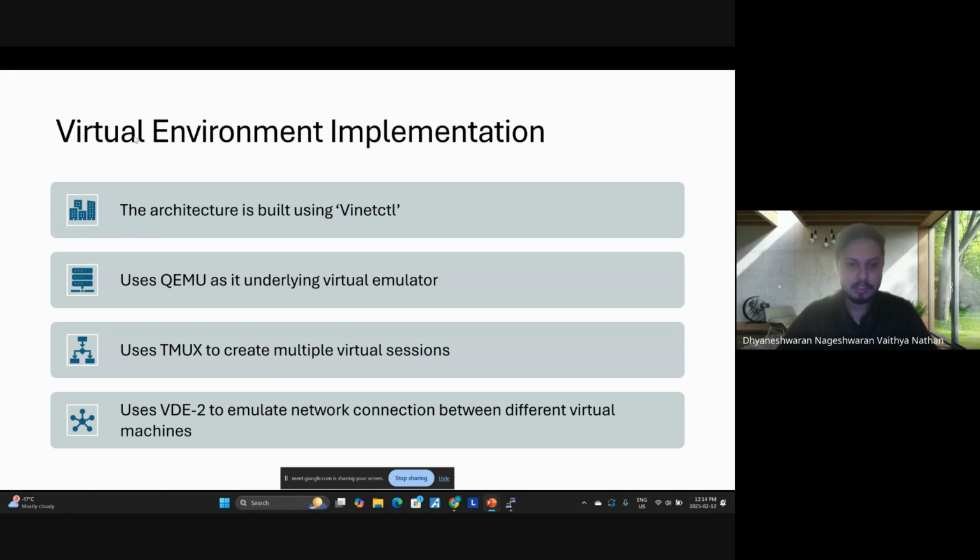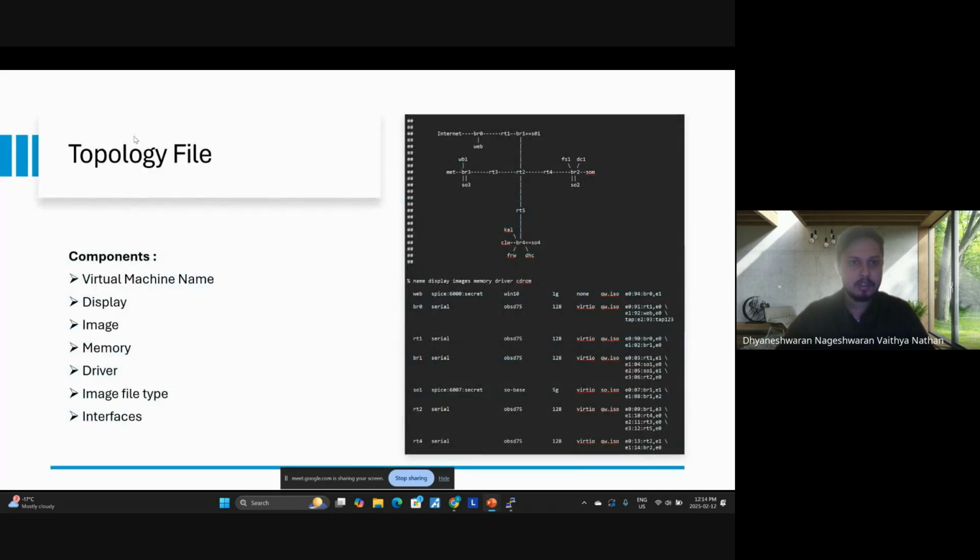And VDE stands for Virtual Direct Ethernet. So it emulates the network connection between different virtual machines. And this is how a topology file looks like. And this is just a basic diagram of our network architecture.